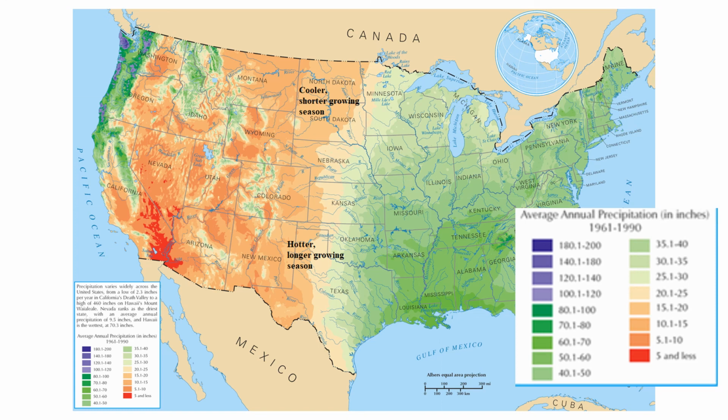As you can see, not surprisingly, the northern plains are cooler and the southern plains are hotter. As a result, the northern plains have a shorter growing season. The southern plains have a longer one. Let's take a look at rivers. I had mentioned the Missouri River earlier.